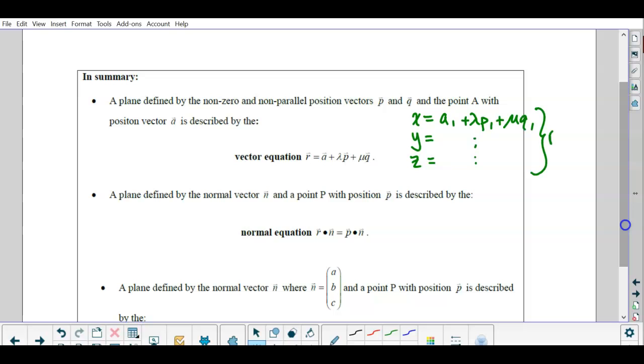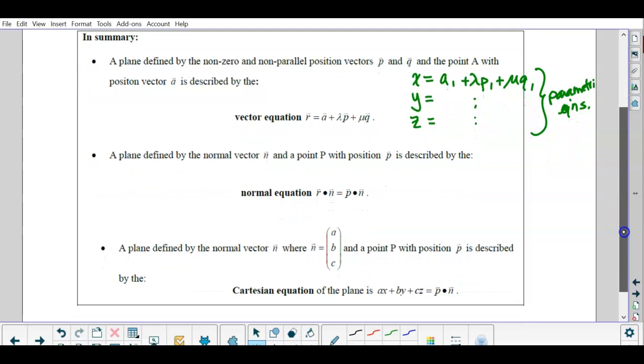These are called parametric because their values depend on each parameter, right? Then the normal equation we just talked about: if your normal is defined as (a, b, c), then there's your Cartesian equation. So a few different ways of showing that.